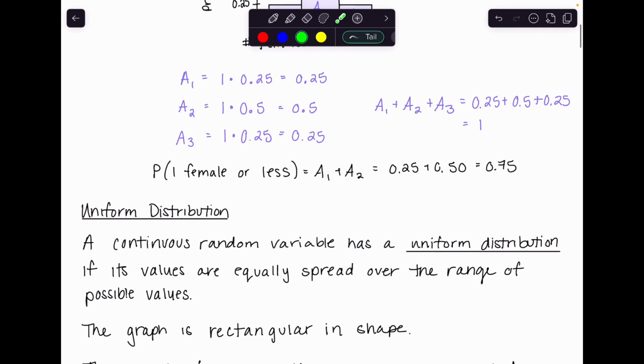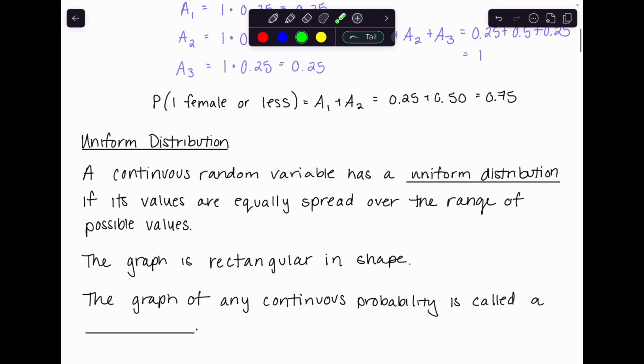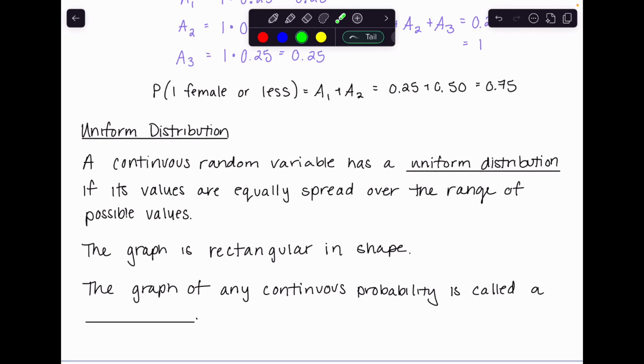So a continuous random variable has a uniform distribution if its values are equally spread over the range of possible values. Ultimately what that means is it's the same probability occurring for any given moment, so it creates a rectangular shape.